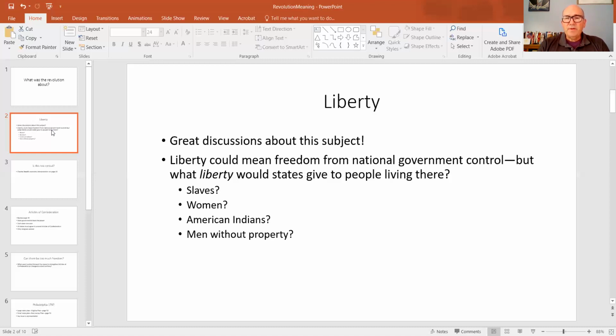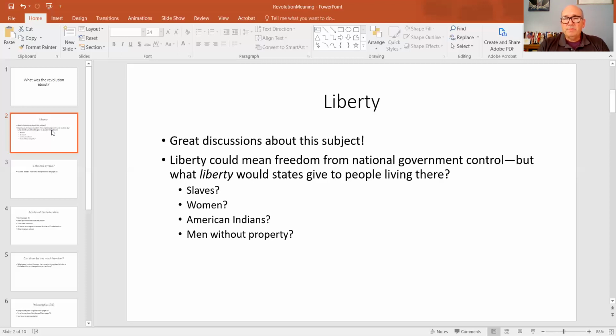American Indians, some of them did have the opportunity to negotiate with the national government, but for the most part, they were just part of the property that the government would be taking over, and then extending that property to other individuals that could afford to pay for the property. And then you had men without property.